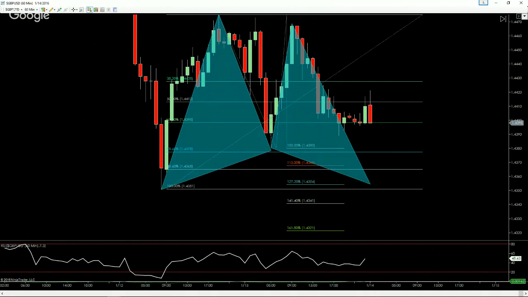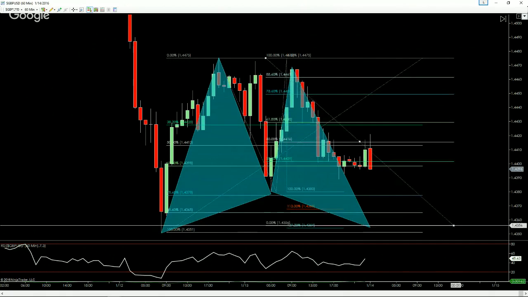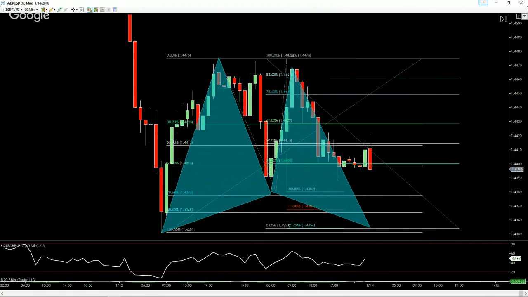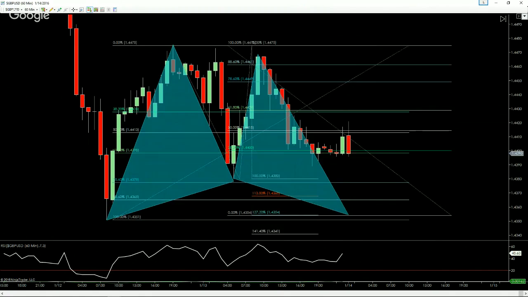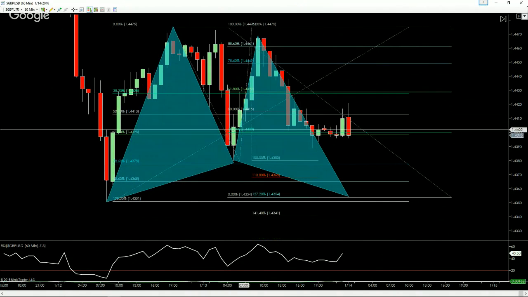We're waiting for that pattern to terminate around the 127. Of course, stops are going to be below the X, and first targets would be in the 382 and around the 1.4400, and target 2 is the 4429 level. When you do put targets, if you just put first targets, make sure you go a little bit before this 4400 even handle number, just to get some help with a fill.